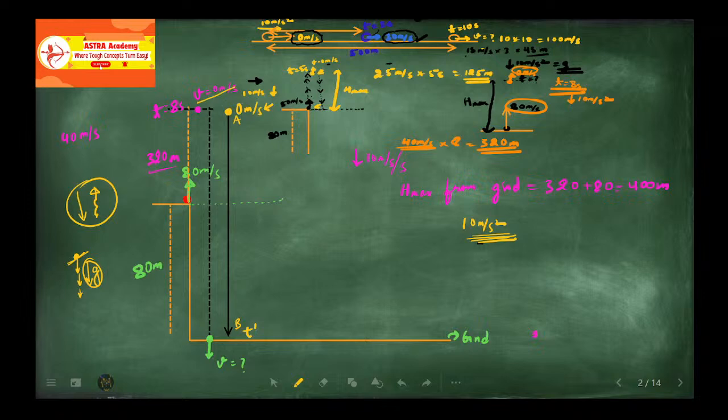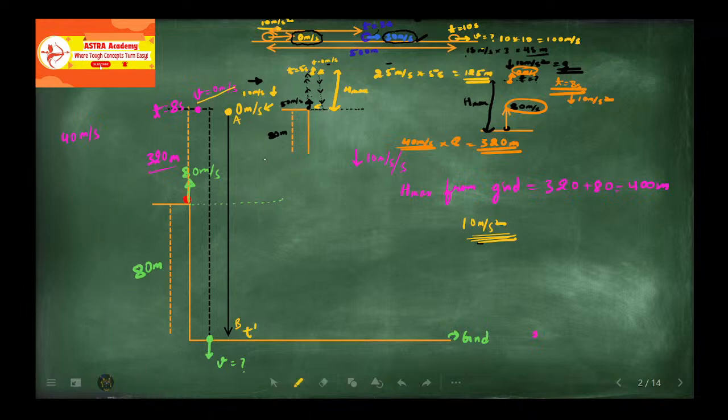Earth is not going to go up; the ground is part of the earth. So acceleration due to gravity is always downward, and now the velocity and acceleration are both downward. That's why it will favor the velocity and increase its magnitude.